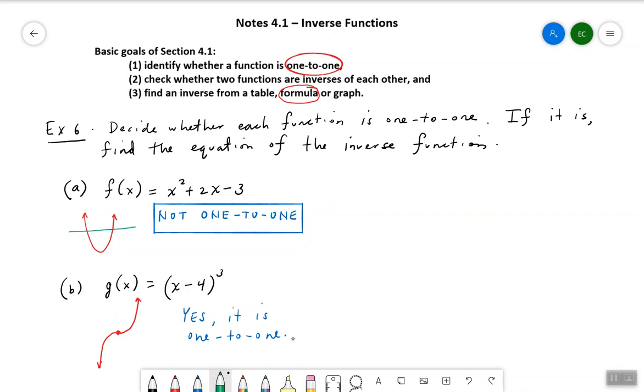We laid out a 4-step process to do that in a previous video, but we only did one example. So let's go through that 4-step process again. Step 1 was replace g of x with y.